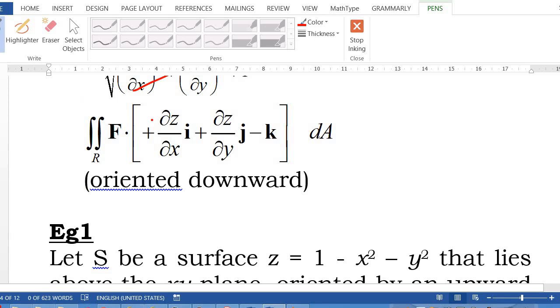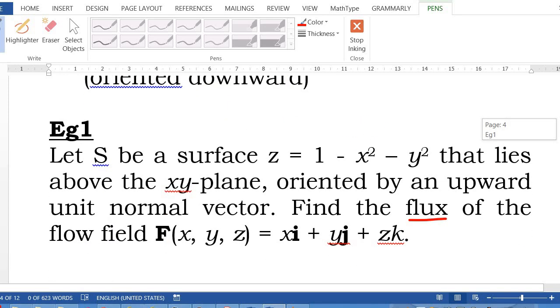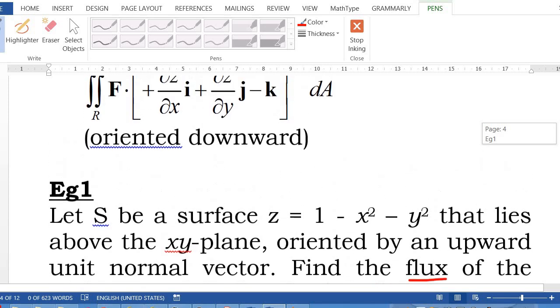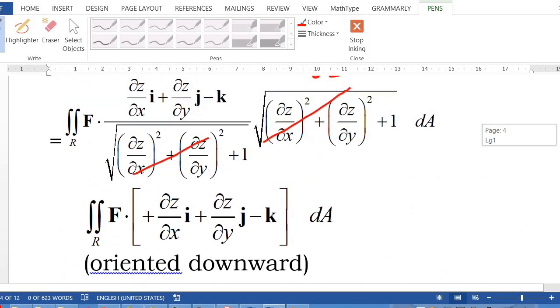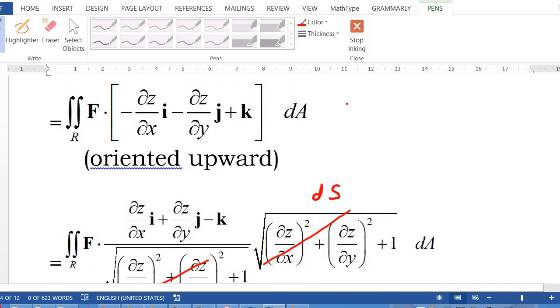Okay, and then to get del z del x, identify your surface and express it as z. We've gone through 3 examples. Example 1, you got a paraboloid, already said pointing upward, so you use this formula.